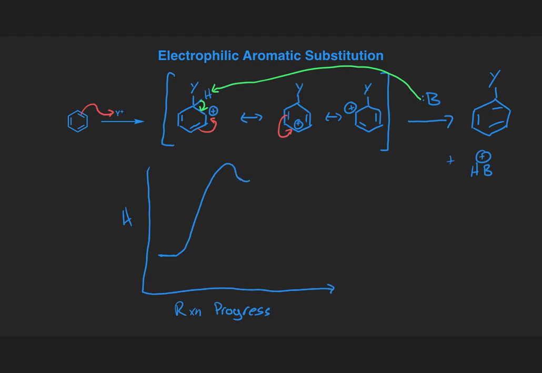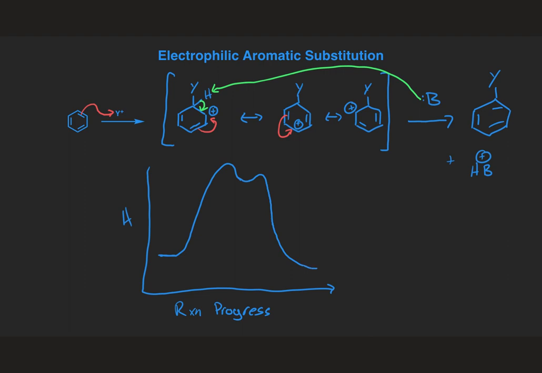And its activation energy is quite high because I'm breaking aromaticity when I add the electrophile, this generic electrophile, to that aromatic ring. So I'm breaking aromaticity. And then we're reforming aromaticity, and so that next step is a little bit lower.